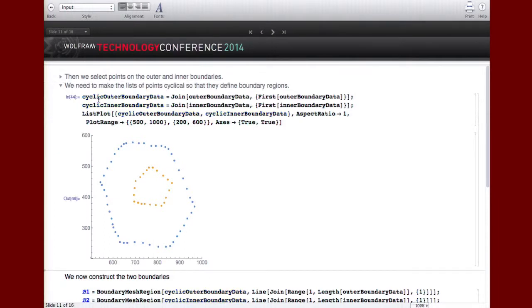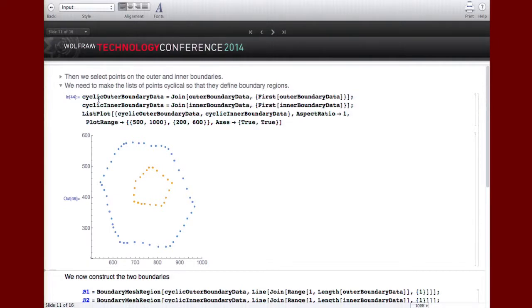Those were the long numbers you saw, which take 2 minutes or so. It's really straightforward. I make it cyclic by adding the first point at the end, so I get cyclic boundaries.